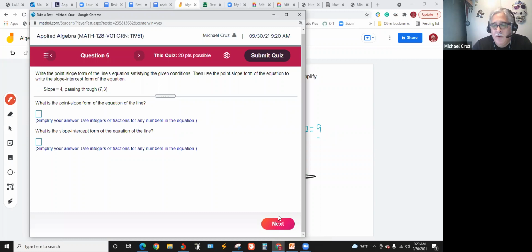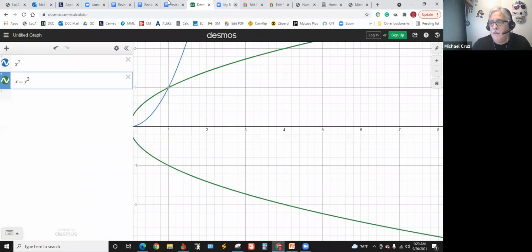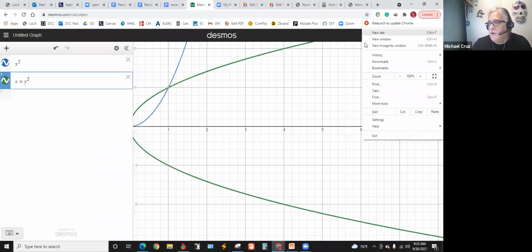Okay, so write the point slope form of the line's equation satisfying the given condition. So this is where we just got to basically make an equation. And they wanted to put it in slope intercept form. In other words, it's got to be solved for y.